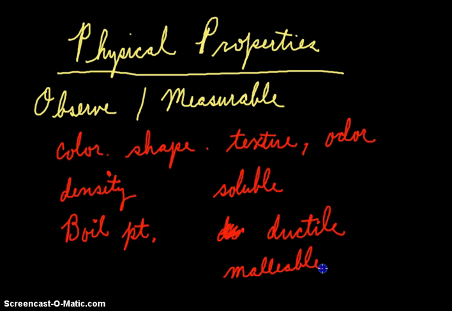Malleable, I think. All right. Malleable meaning that it can be pounded into flat sheets, just like metal getting squeezed down into sheets of tinfoil, something like that. And there are a lot of physical properties, but the main thing to remember is that it is observable or measurable, and those things are specific to that material. So those are physical properties.